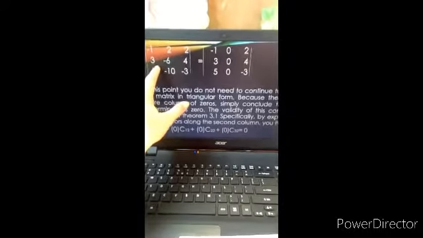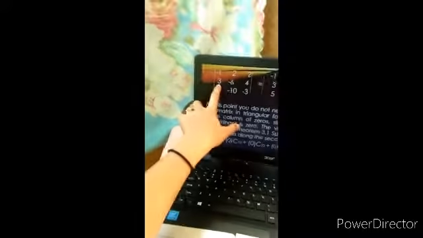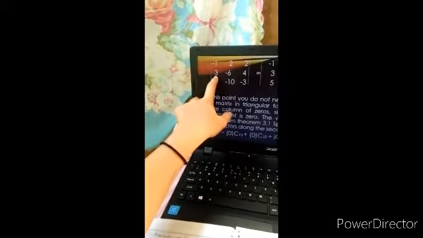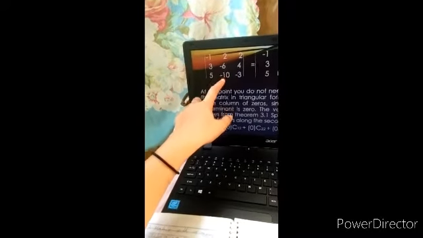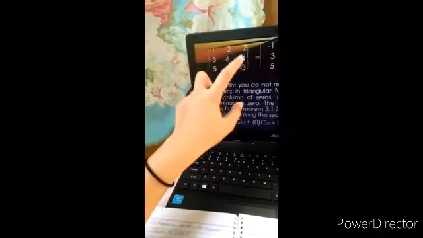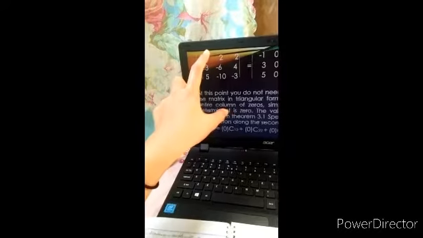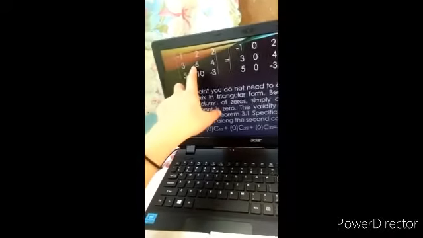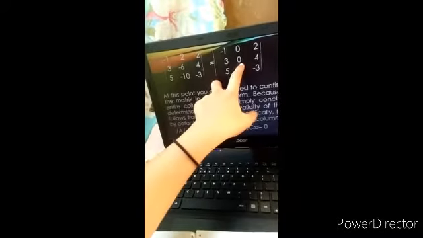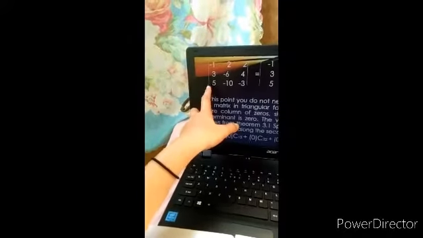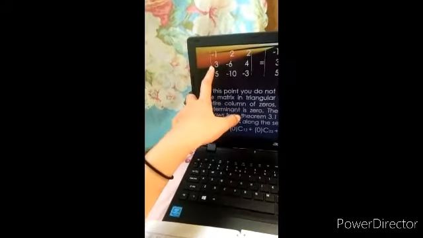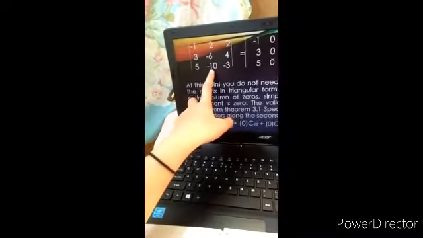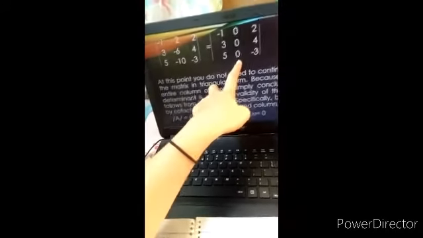And then, 3 times 2 equals 6, plus negative 6 equals 0. And then 5 times 2 equals 10, plus negative 10 equals 0.